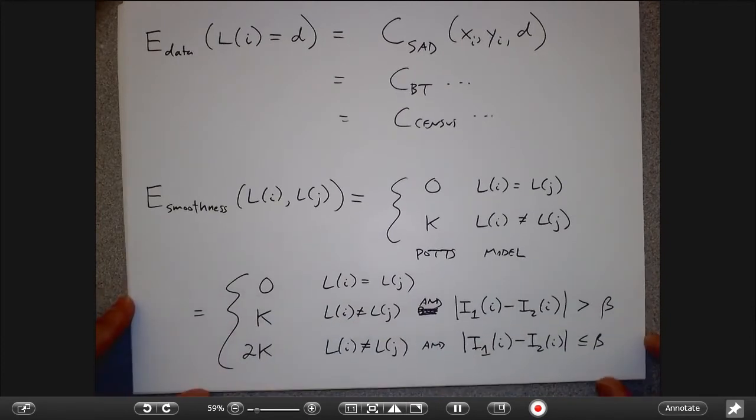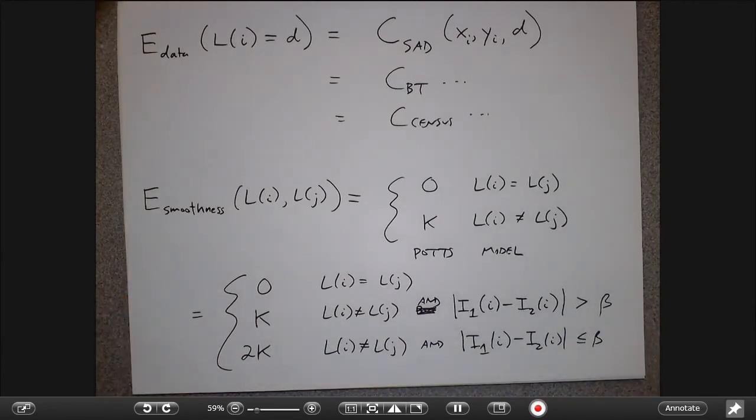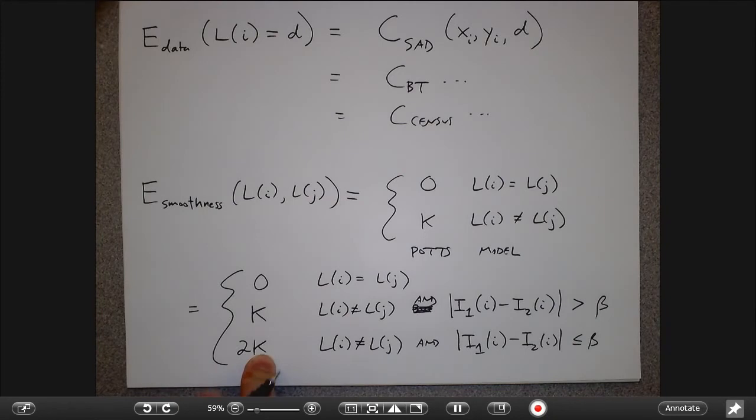So the idea here is, if your labels between neighbors agree, no problem, no penalty. If you don't agree, then I look and say, well, if your colors are really different, then I'm not going to penalize you too much, because maybe there's good evidence that there's no reason your labeling should be the same in the first place. So you only get a penalty of K. But if your colors are the same, then there's a pretty good hypothesis that you should have the same label, and now I'm going to give you a higher penalty, right? So this is called the intensity adaptive Potts model.